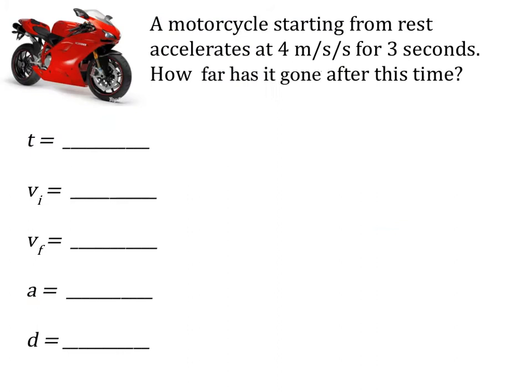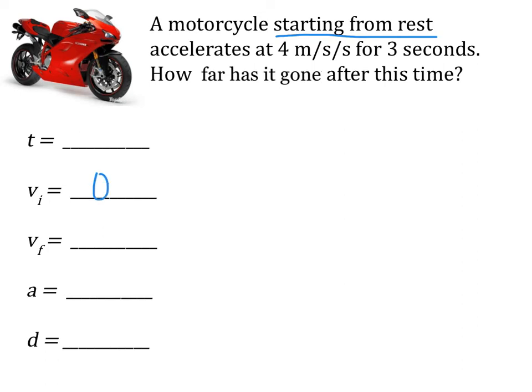Let's look at an example. All right, so here we have a motorcycle that is accelerating for 3 seconds. Notice again that it's moving from rest, it's starting from rest. That is going to be kind of a restriction we'll put on our problems in our class as a starting point. So we could say that the initial velocity is 0.